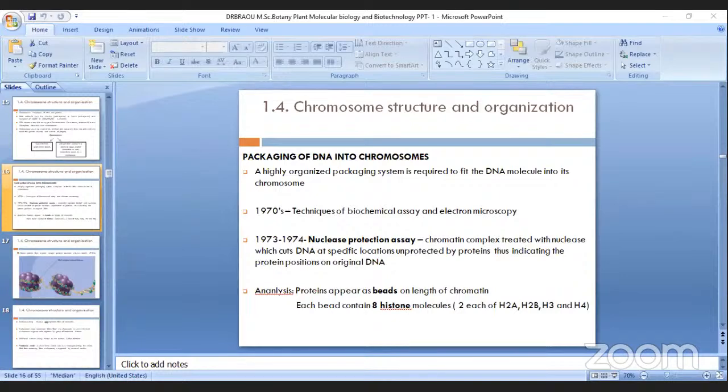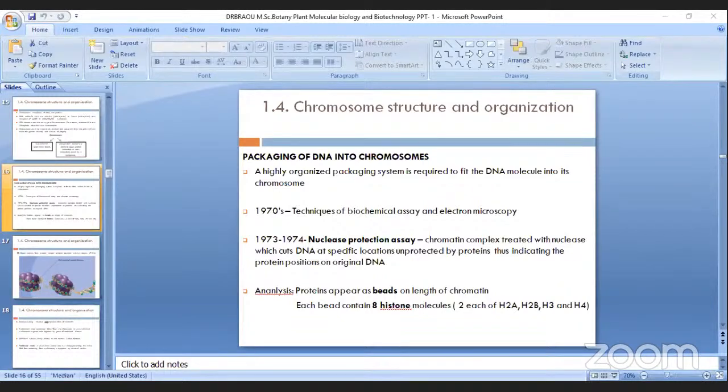We all know that nucleases cut the DNA. The chromatin complex is treated with this nuclease and it cuts the DNA at specific locations, generally where the DNA is not protected by any protein. So what does this assay indicate?